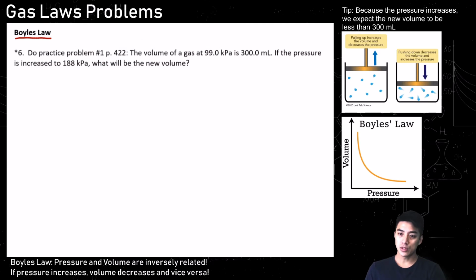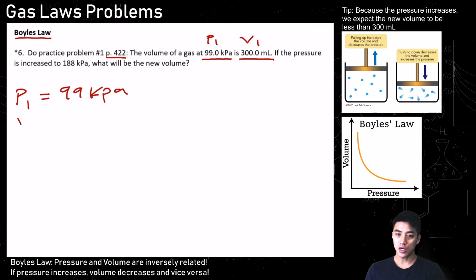Let's do a Boyle's law problem. This would be practice problem number 1 on page 422, but in your notes it's number 6. And let's read through it. It says the volume of a gas at 99 kilopascals is 300 milliliters. So I'm just going to call 99 kilopascals P1.